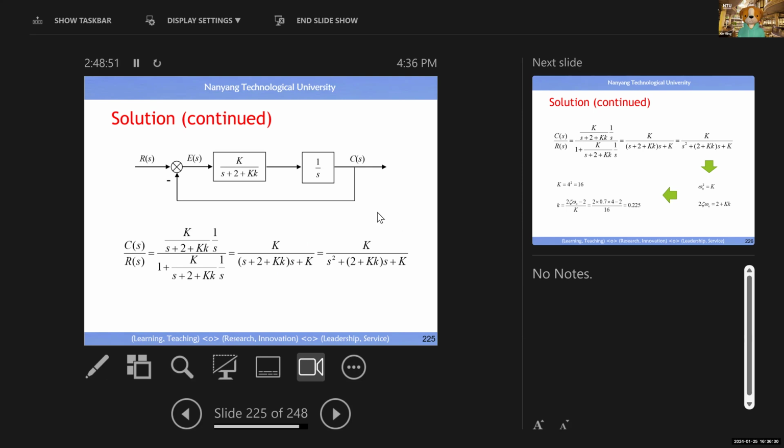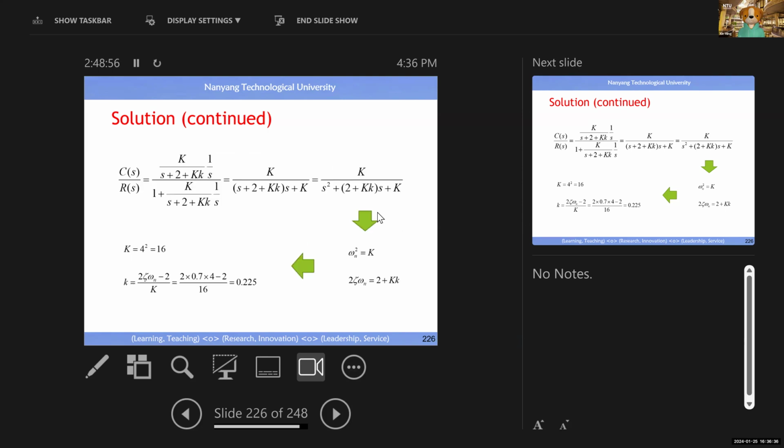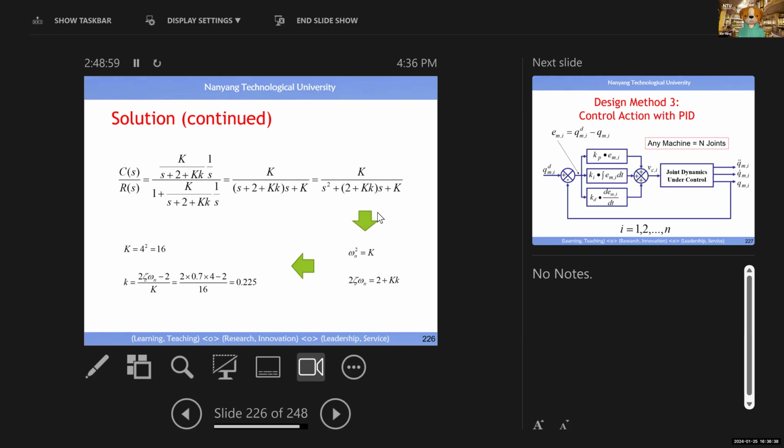Omega n squared. 2 plus capital K small k equals 2 zeta omega n, right? So K equals omega n squared. This guy, 2 zeta omega n. And the question tells you omega n equal to 4, zeta equal to 0.7. Then immediately you know what is capital K, small k.